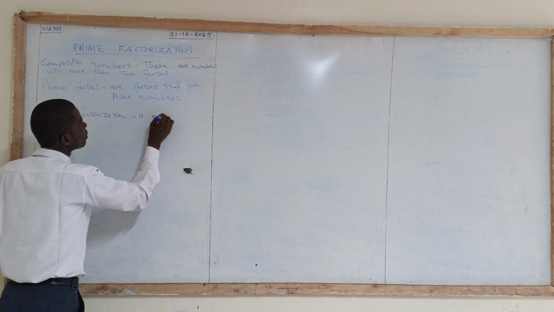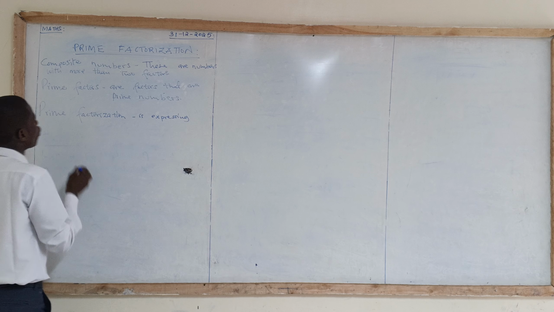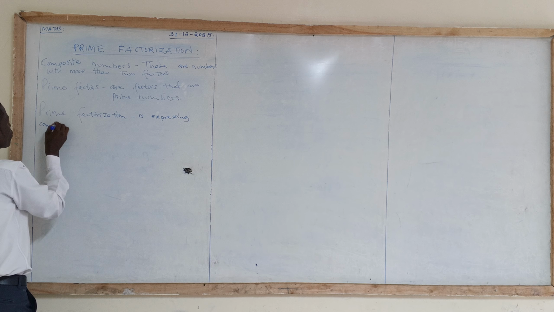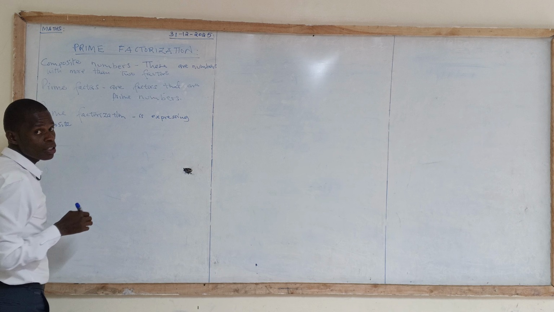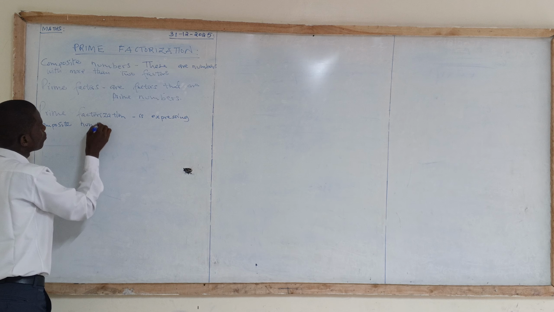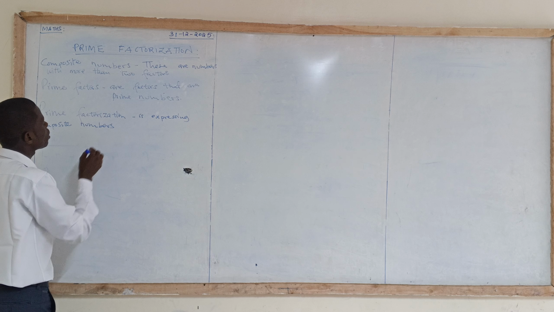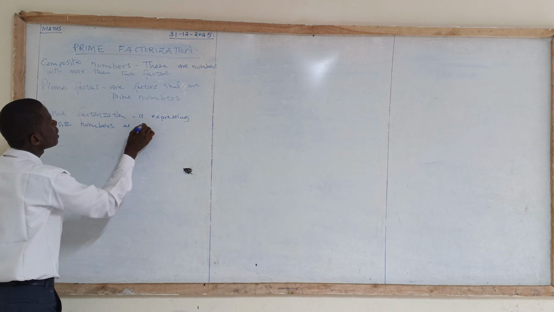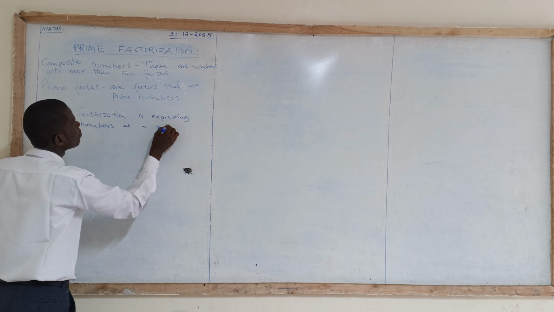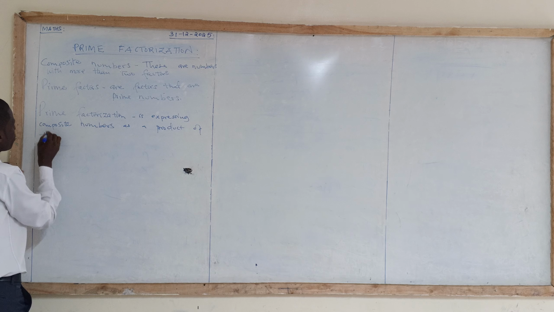Prime factorization is expressing composite numbers as a product of their prime numbers.